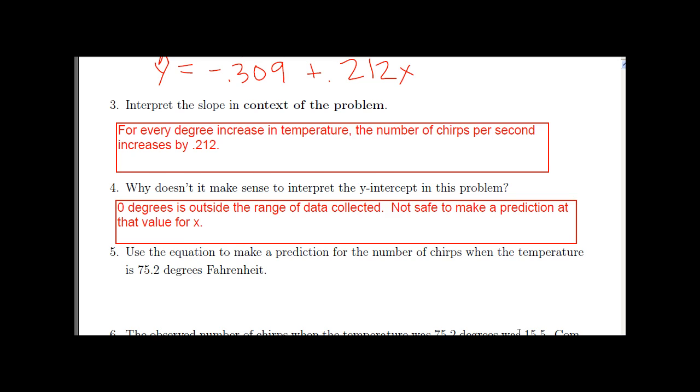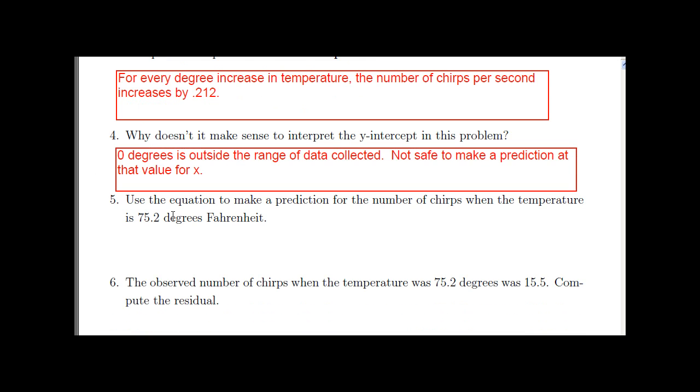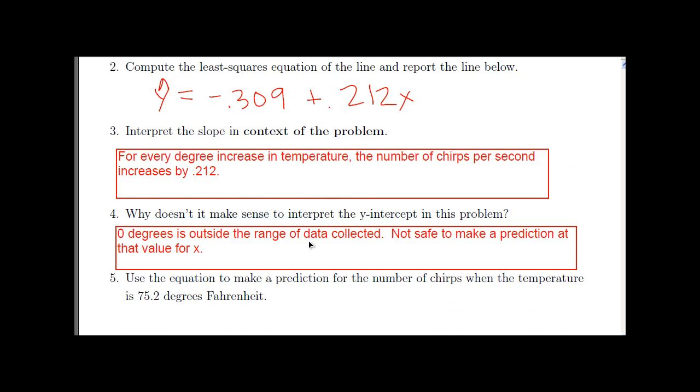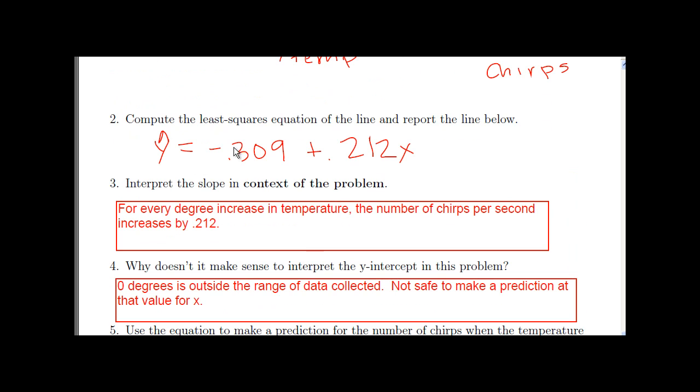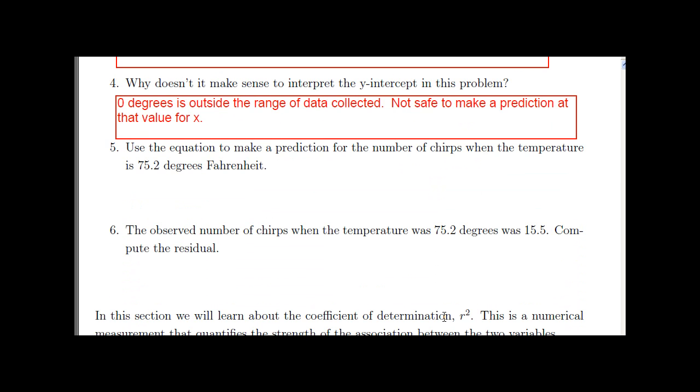Okay. Now we're going to use the equation to make a prediction for 75.2. So I just want to use this equation and substitute a value in for x equals 75.2 into the equation.